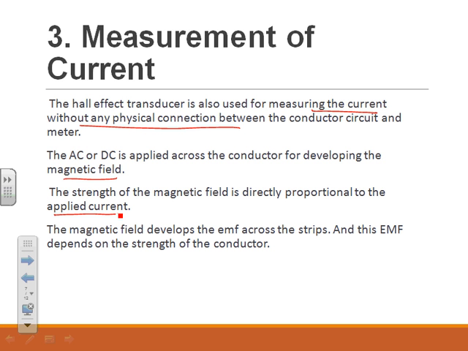The strength of this magnetic field is directly proportional to the applied current. And the magnetic field develops the EMF across the strips, and this EMF depends upon the strength of the current. Thus, we can measure the current in a conductor.